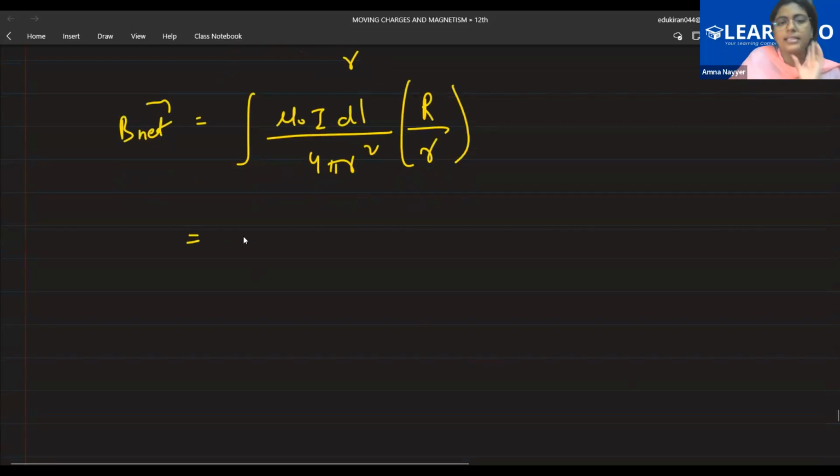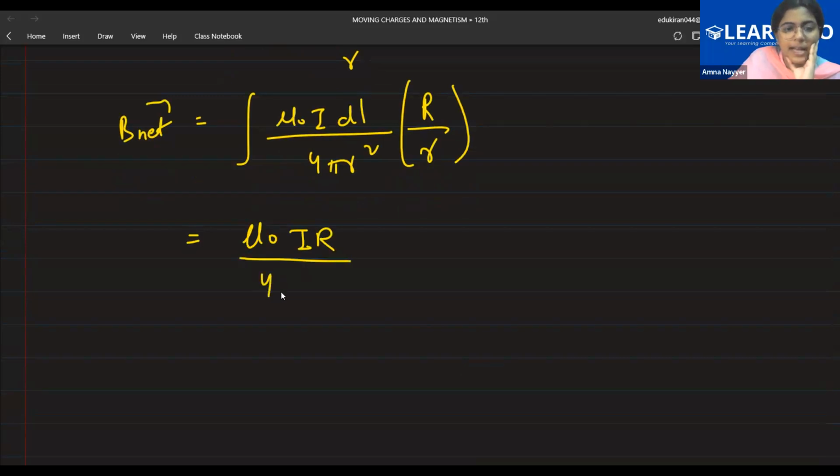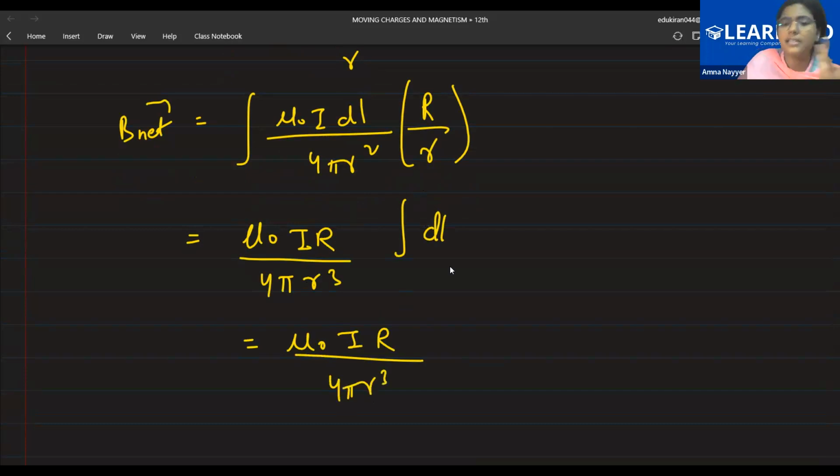So class, if we write all the constant terms together, mu naught I capital R by 4 pi, this becomes R cube, and integral of dl is left. So this is mu naught I R by 4 pi R cube, and since it's a circle, it will be 2 pi capital R. Why capital R?